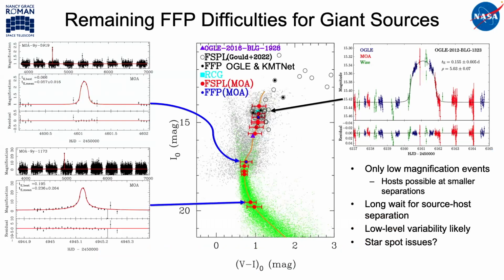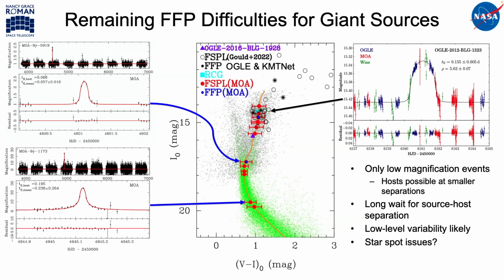The remaining difficulties with giant sources are only low magnification events, so hosts are possible with smaller separations. This is from the light curve. With a smaller source size, you can get somewhat higher limits on how far the host can be just from the microlensing. You have to wait a long time for source-host separation when the sources are very bright. Also, the giant source stars likely have lower level variability. And then very low mass free-floating planets could run into problems with bright stars if they have spots.